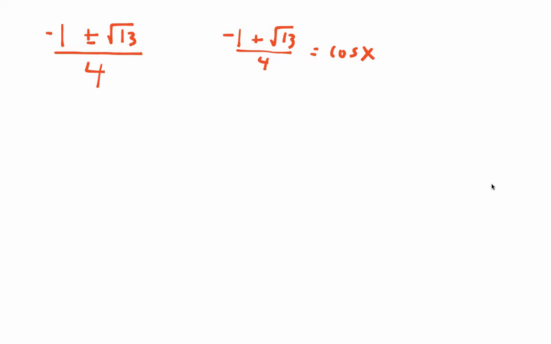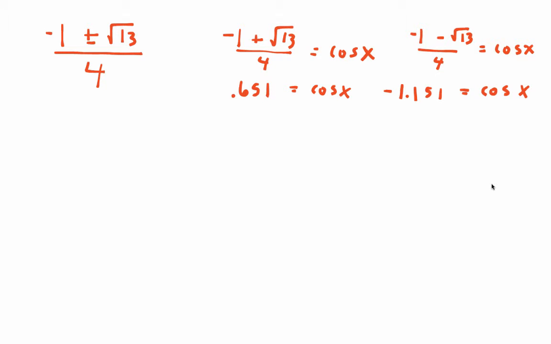And negative 1 minus square root of 13 over 4 equals cosine of x. And now potentially we have 4 different answers here. So let's pause and plug that in our calculator.